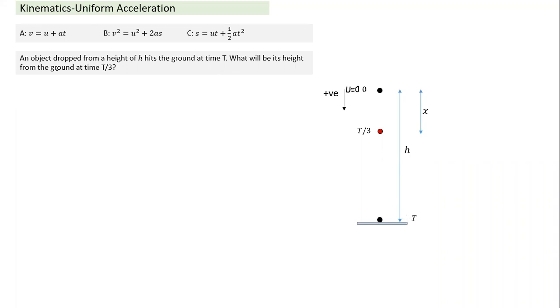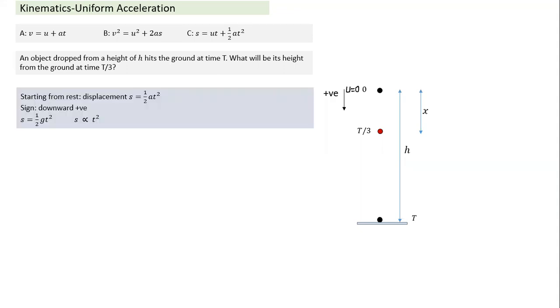What will be the height from the ground at time t by 3? How do I calculate this? This is a very simple question. The only point I'm making here is that this is a very small tool which is useful in quickly solving some questions with better understanding. Starting from rest, whenever we drop an object, if we take t is equal to 0, at that instant the object is at rest.